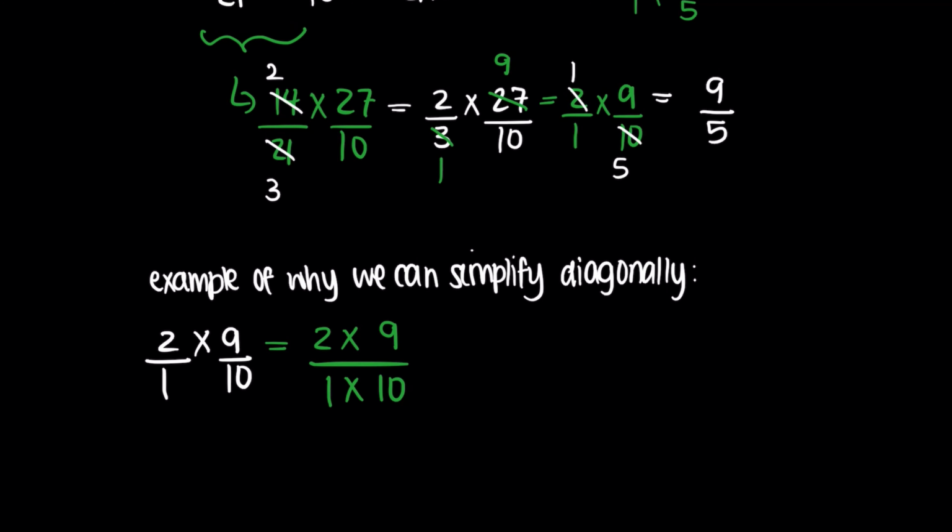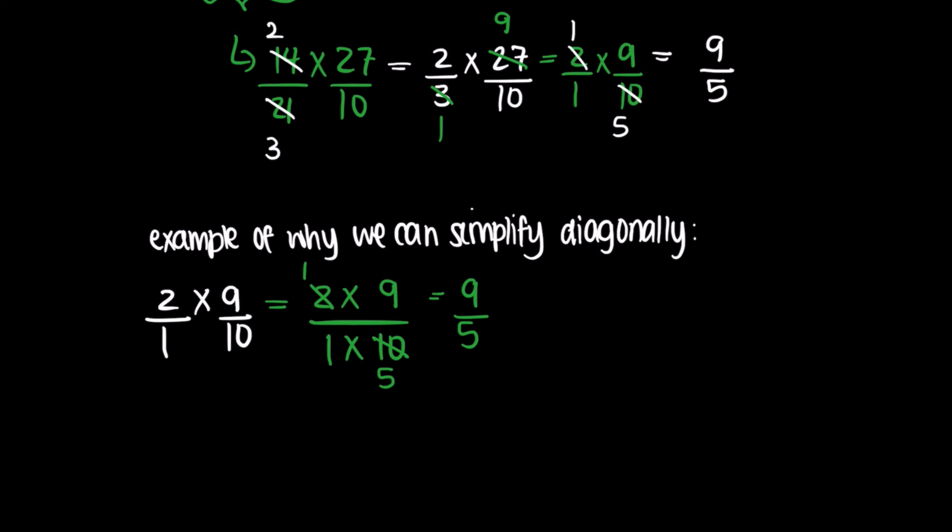Now we have one fraction with our numerator as 2 multiplied by 9 and our denominator as 1 multiplied by 10. But again, we can simplify this vertically. Specifically, we can factor out a 2 from our numerator and denominator, as 2 goes into 2 once and 2 goes into 10 5 times. So 1 multiplied by 9 is 9, and 1 multiplied by 5 is 5.